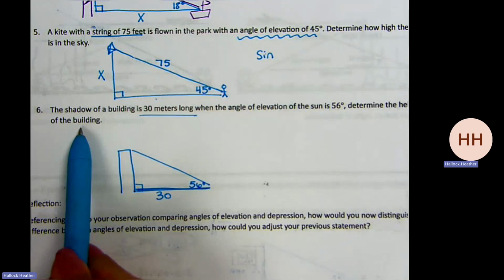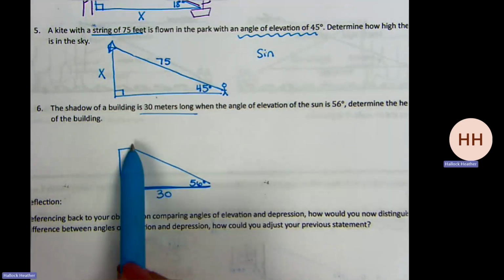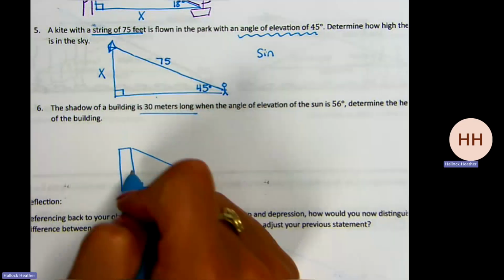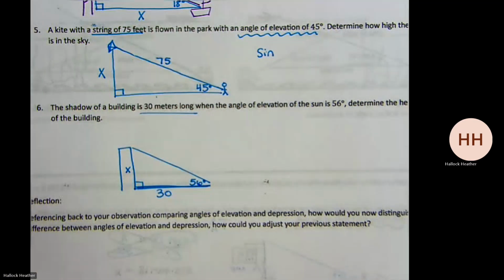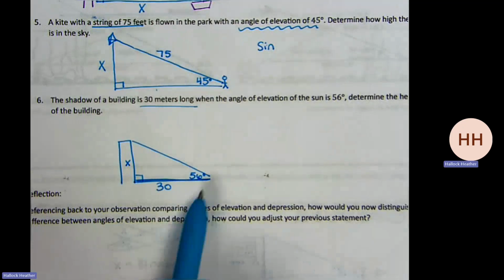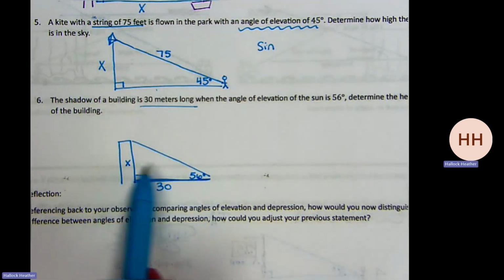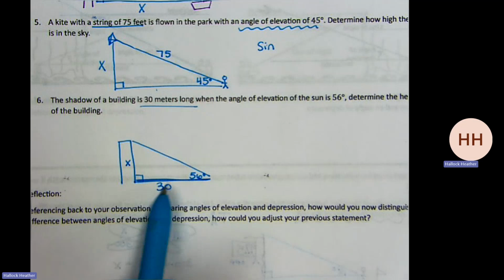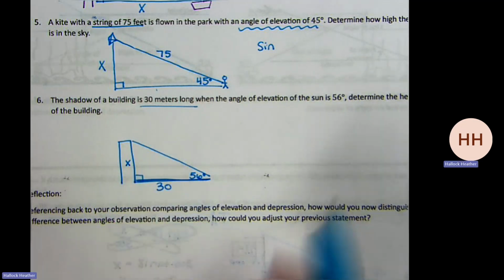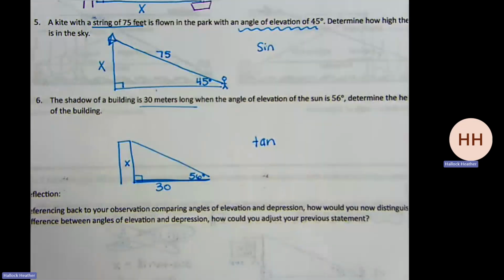Determine the height of the building. So am I trying to find the hypotenuse or am I trying to find the height? The height. So I'm going to put X over here. So if I have opposite and adjacent, is that sine, cosine, or tangent? Tangent.